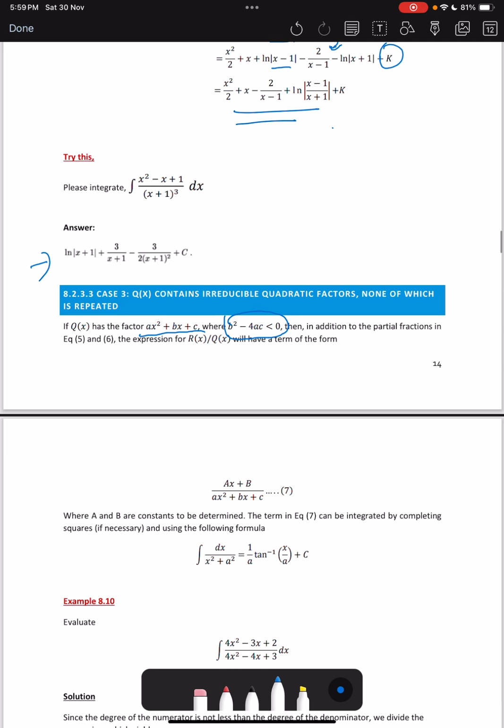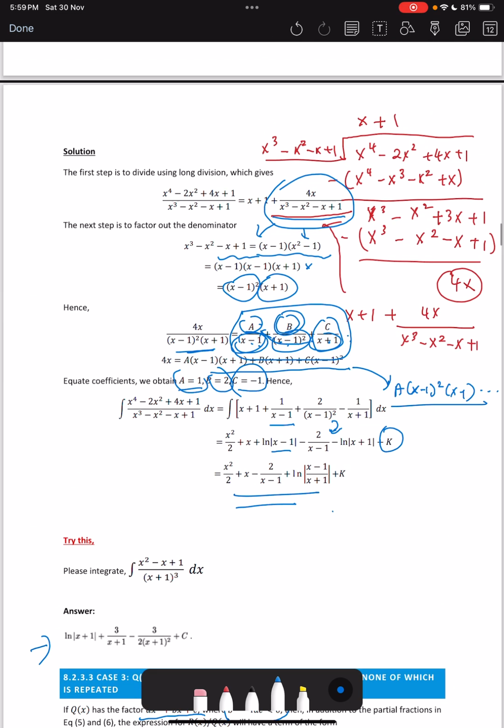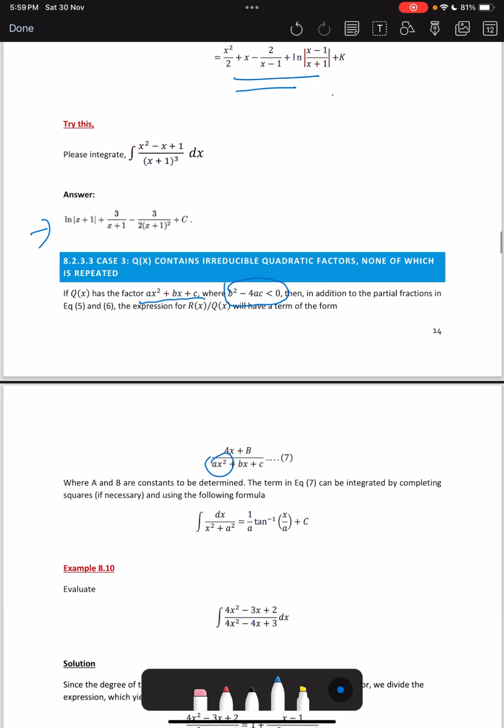So let's say you have the quadratic function. Just now it's just linear, so everything you divide is linear. Here linear, linear, linear. Now the below part is actually a polynomial, the quadratic function. And when you check b squared minus 4ac, you will get a negative value. Okay?